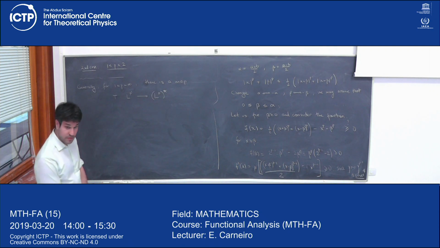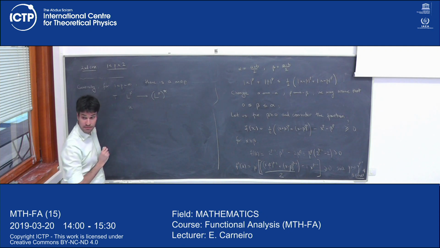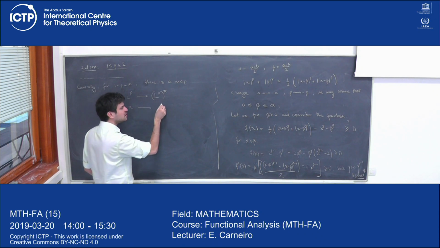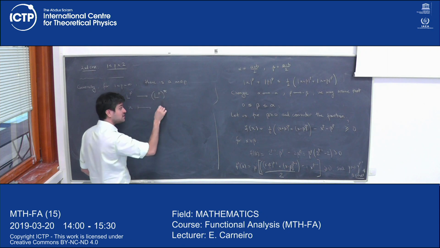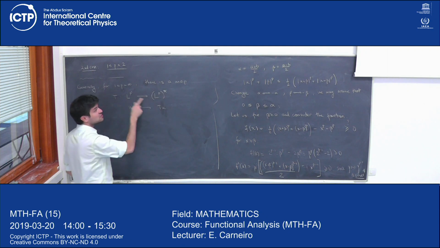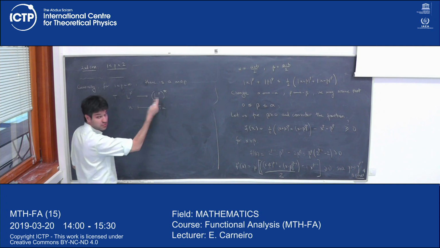And the map is very simple. I am going to get a function u here in LP prime, and I'm going to assign a functional in LP. And the function will be integral. I'm going to say that T of u is going to be a guy, and I have to tell you how it acts on a function in LP.